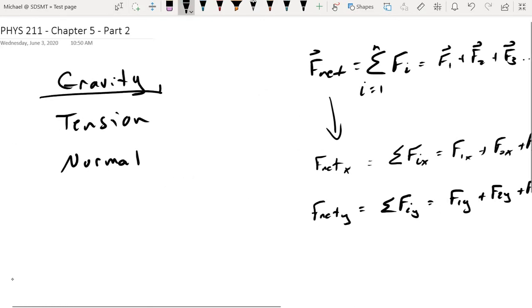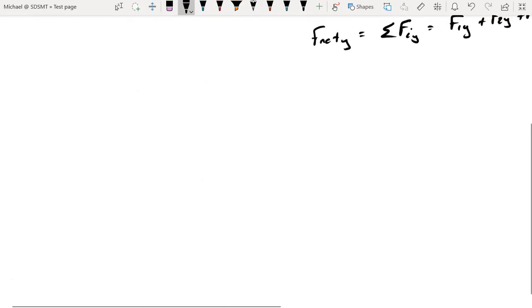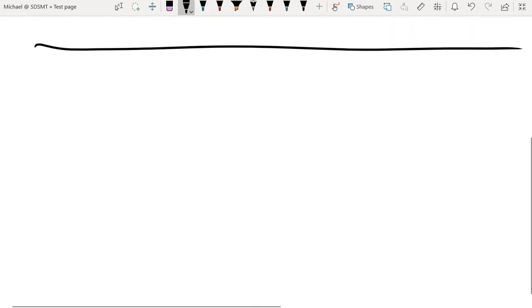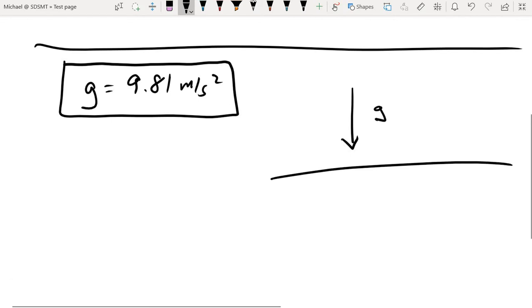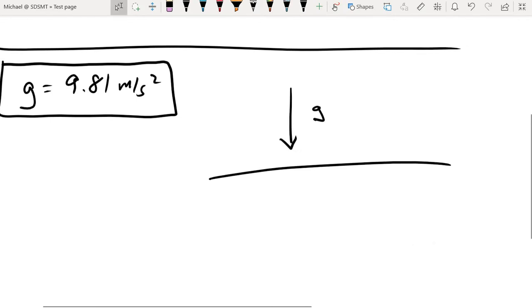So let's start off with gravity. Now, we may already know about gravity. We know that gravity has a value of 9.8 meters per second squared. And this acceleration value, keep in mind that this number is the magnitude of gravity. The sign on g is the sign on the number. And so gravity does not become negative until we define a reference frame in the system.